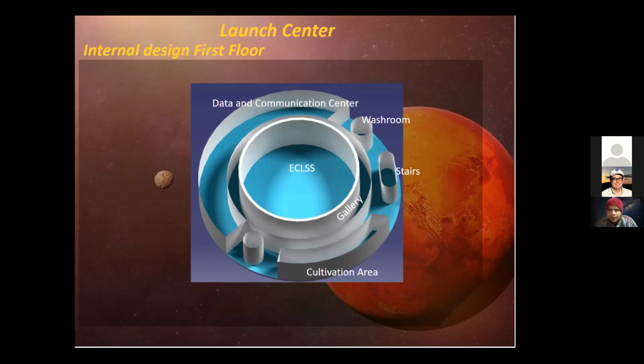The second floor will be where the person will be sitting around, and there will be a complete unpacking and packing of the goods and resources which are to be sent to space, or which are coming from space, and also the assistant researcher and the chief of the launch center will be working on those floors.